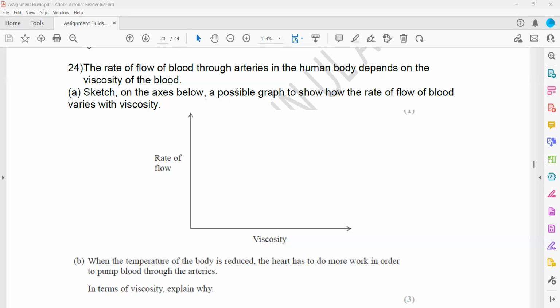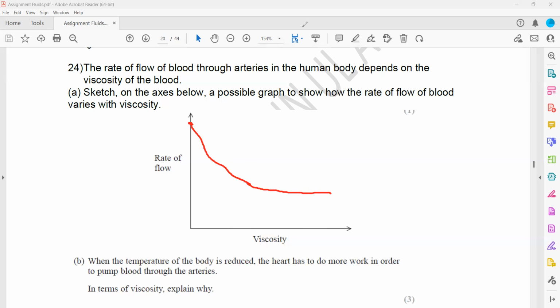If there is no viscosity for a medium, then it will have the highest rate of flow. Then as the viscosity increases, the rate of flow will decrease.